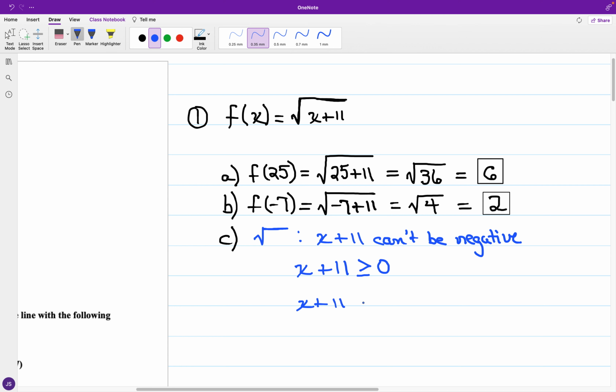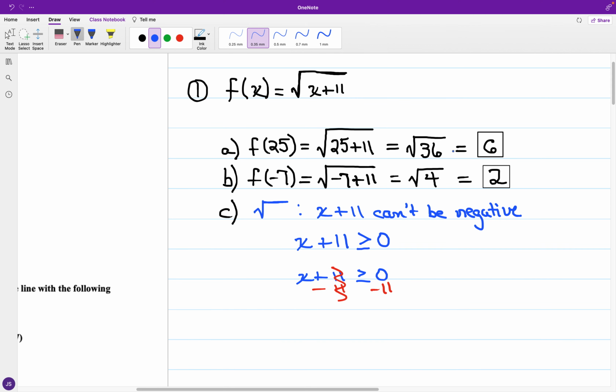Getting x by itself, subtracting 11 from both sides, we want x to be greater than or equal to negative 11.